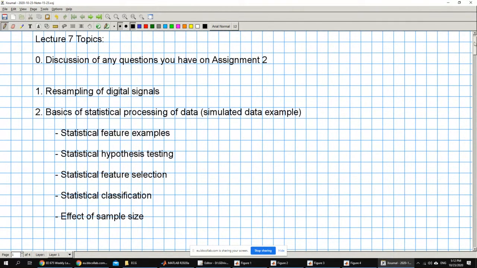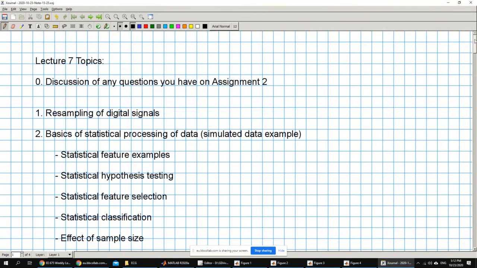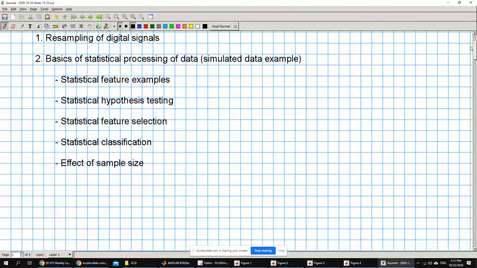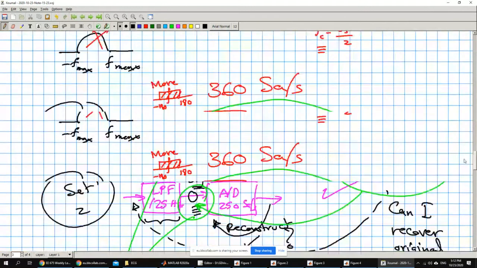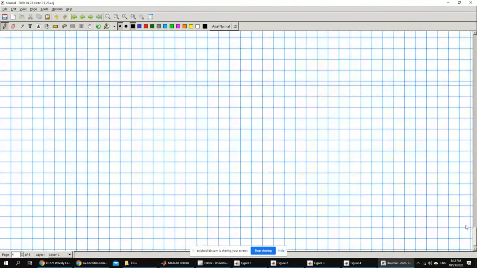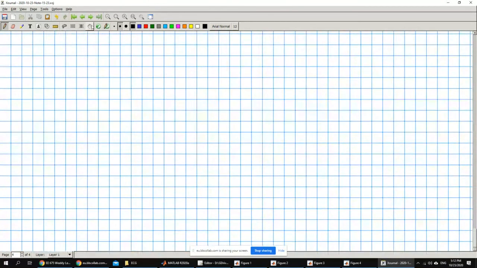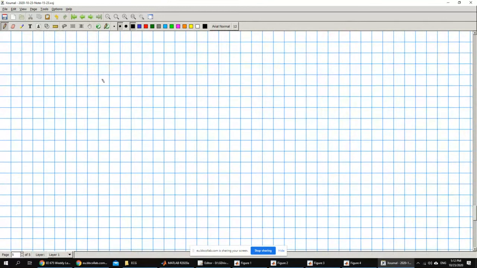At least we know the differences, and we can simulate different samples so that we can see whether what we have makes sense or not. So what I'm going to do now is start with simulating some data. We're going to talk about statistical analysis.